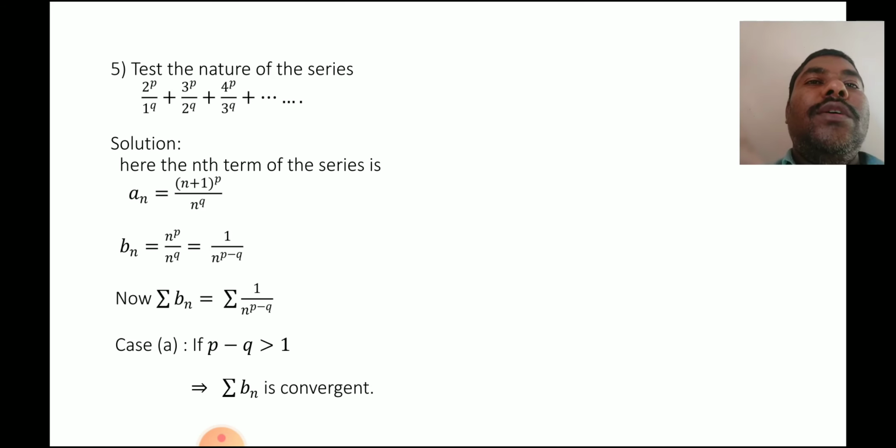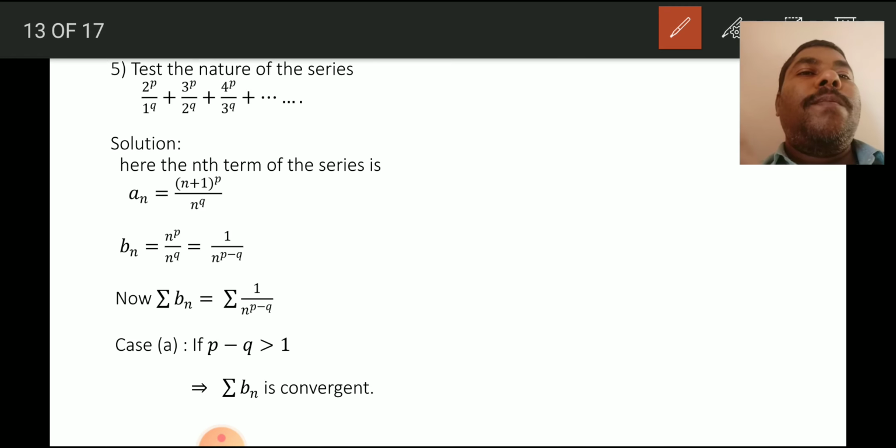And next problem is test the nature of the series 2 raised to p by 1 raised to q plus 3 raised to p by 2 raised to q plus 4 raised to p by 3 raised to q plus and so on. Solution. So here the numerator terms are 2, 3, 4, the nth term is n plus 1, and the power is p.